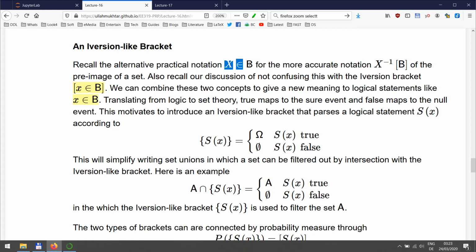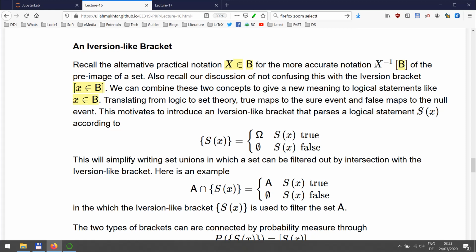So if I write something like that, which involves the random variable x, what I actually mean is the pre-image of a set. So if I have a set B on the real line, I want to know what is the pre-image or the inverse of that set B.